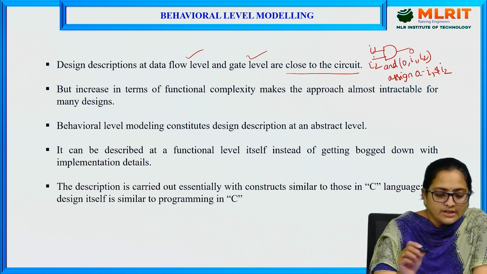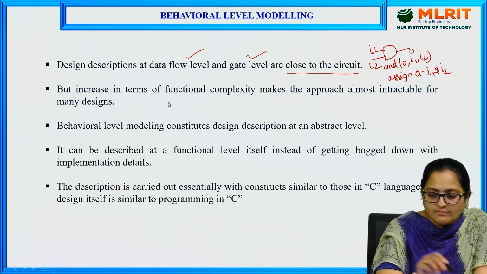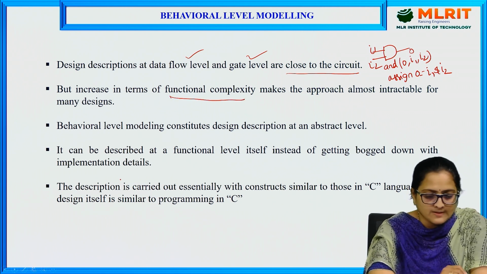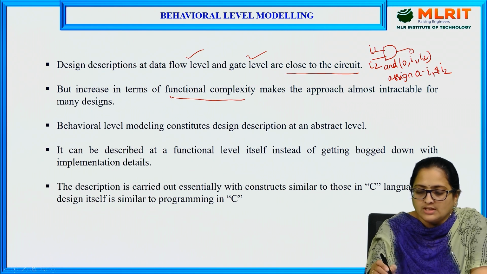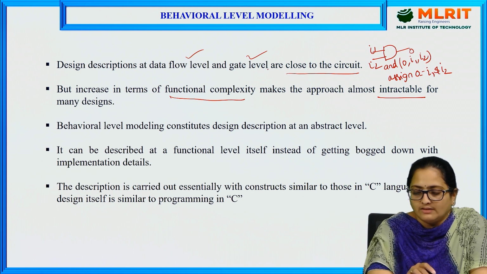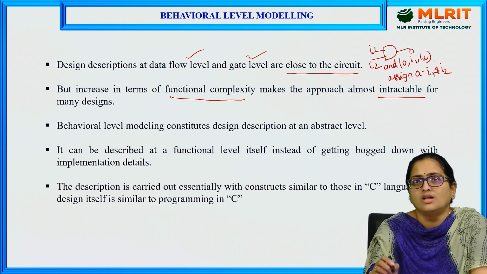But if the circuit complexity or the functional complexity increases, the approach is intractable for many designs. That is, using data flow and gate level will be very difficult when your functional complexity has increased.